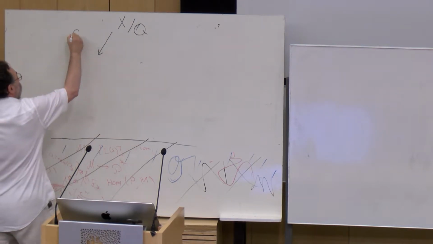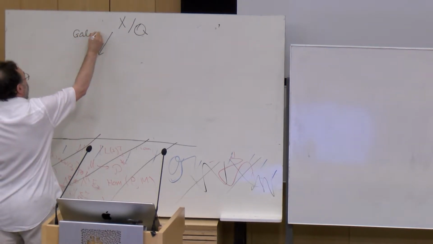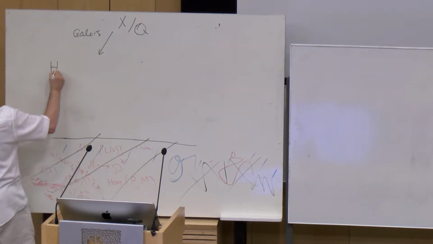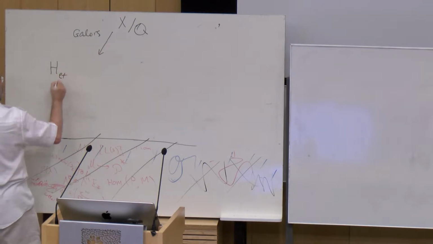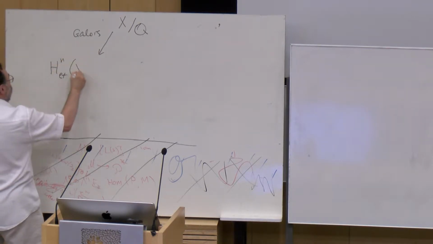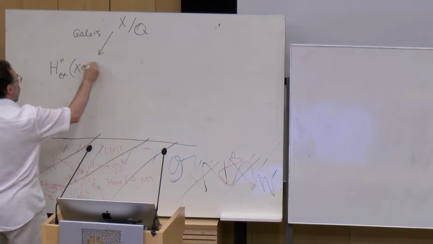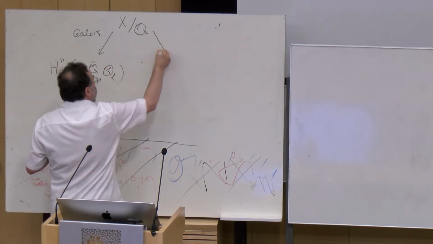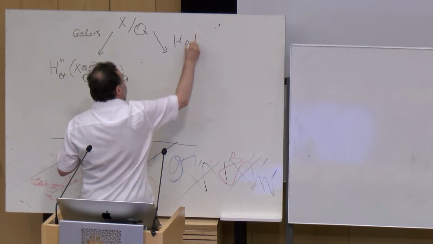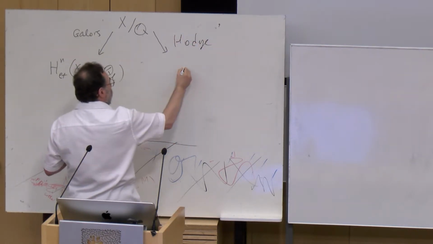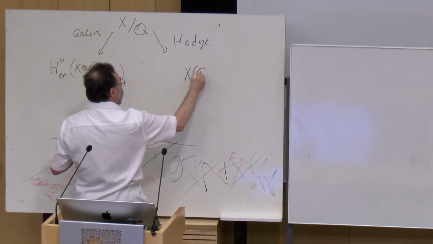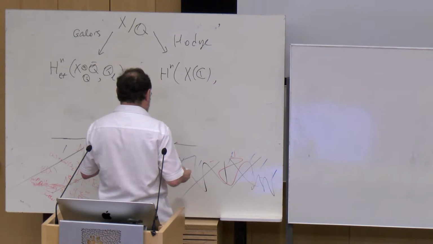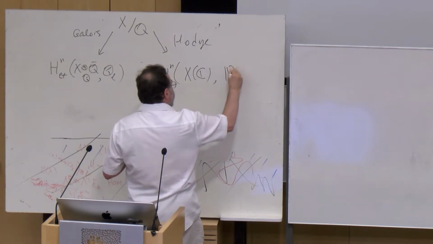You can treat it using Galois theory, where you consider the topological cohomology of this variety, X_Q-bar over Q-bar, with algebraic coefficients. Or you can do analysis, let's say Hodge, and then you do something different.